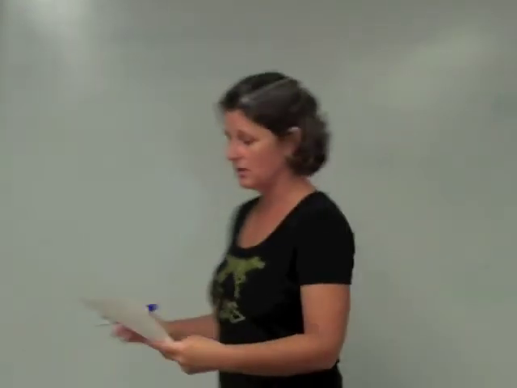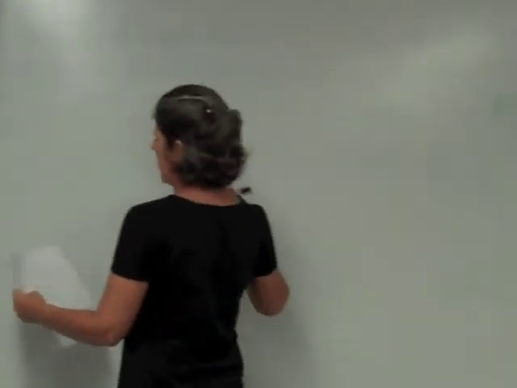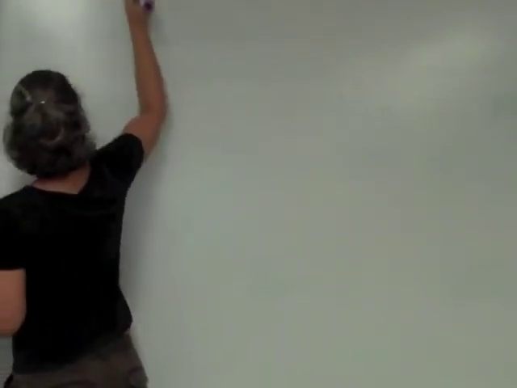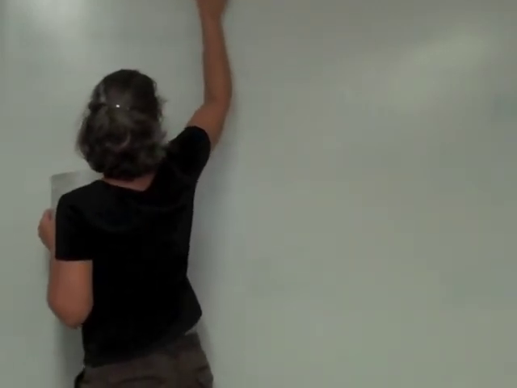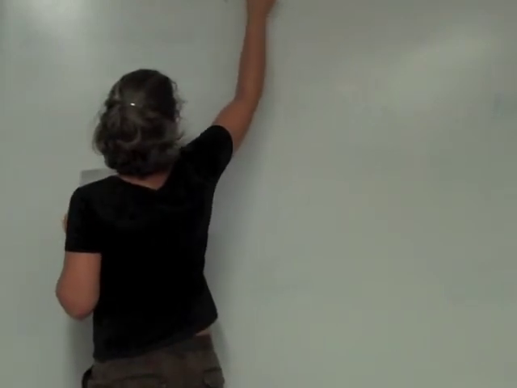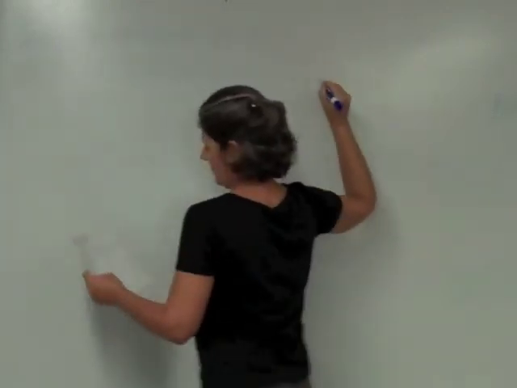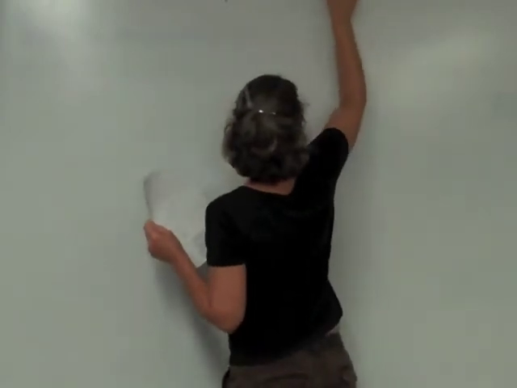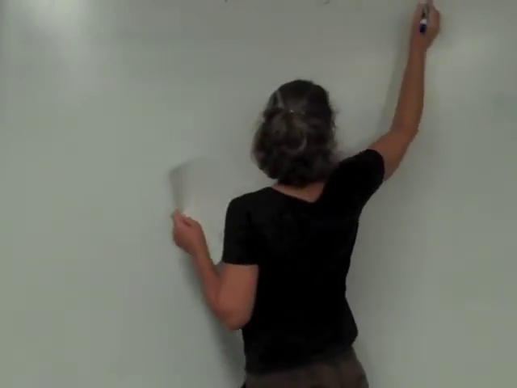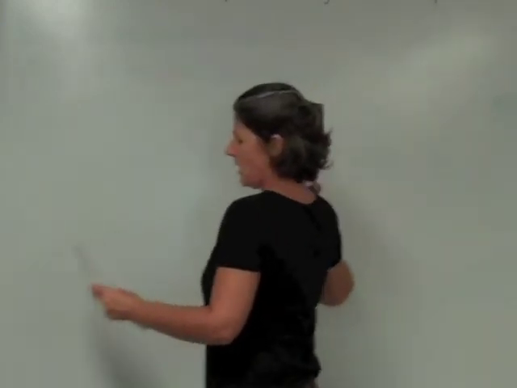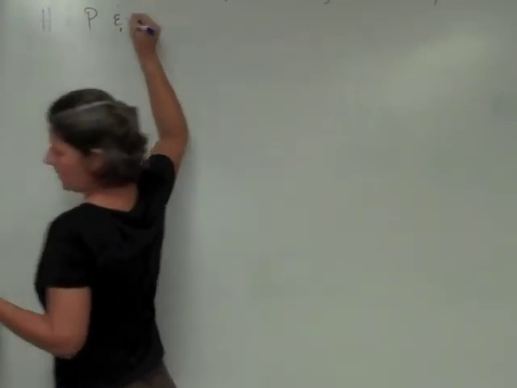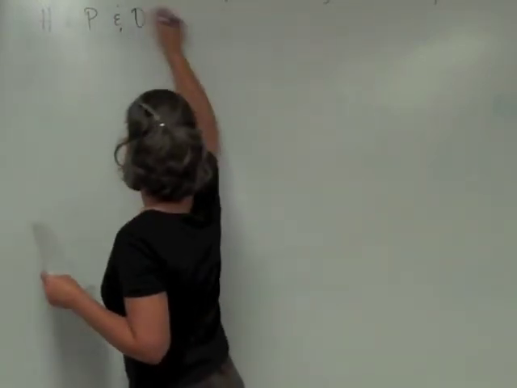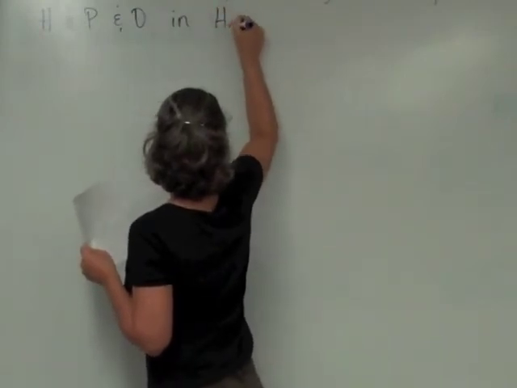So a question would look like this. Calculate percent composition by mass of hydrogen and phosphorus and oxygen in H3PO4.